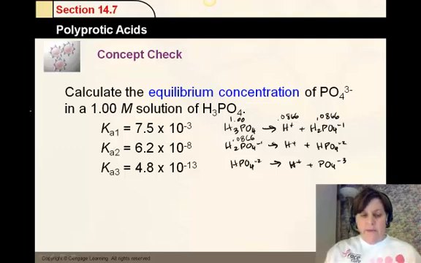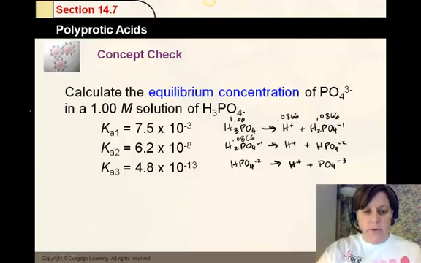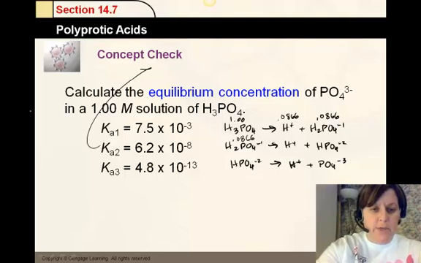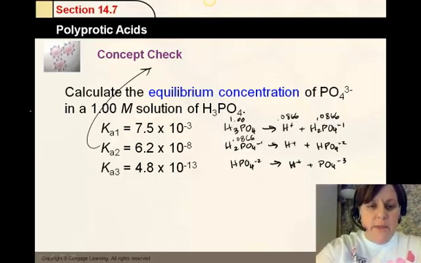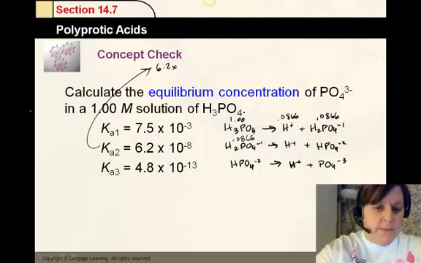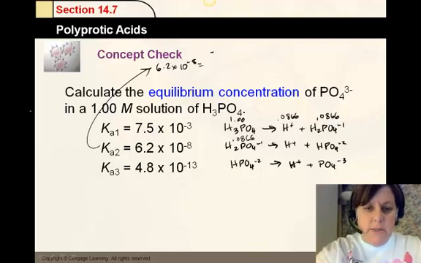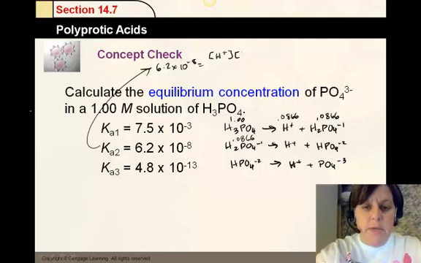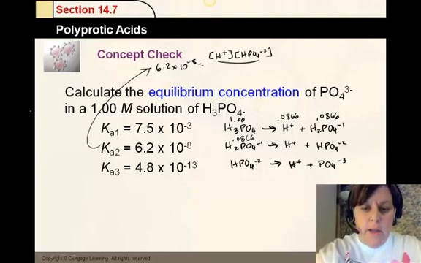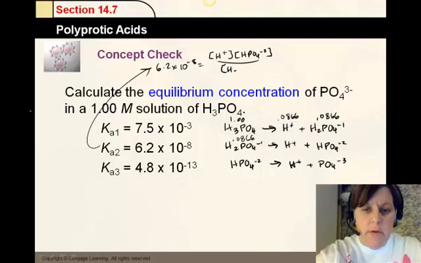Well, we can figure it out using Ka2: 6.2 times 10 to the negative 8 equals the concentration of hydrogen times HPO4 negative 2 over H2PO4.